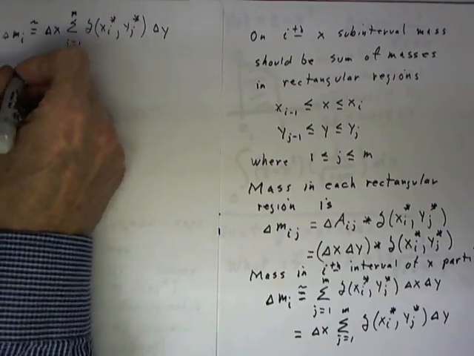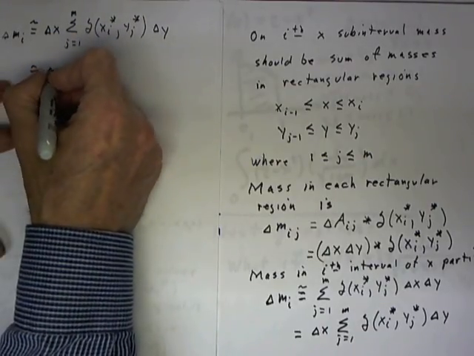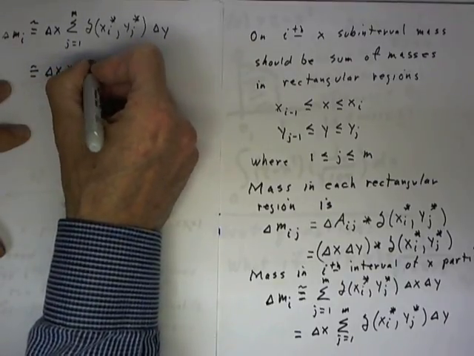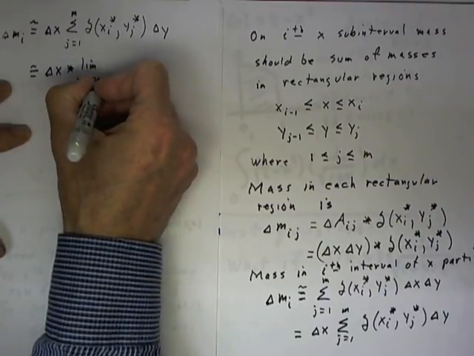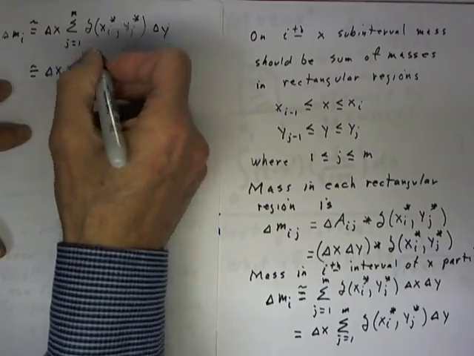This is an approximation. We get a better approximation if we take the limit as delta y goes to 0 or as m goes to infinity, whichever we prefer to think of.